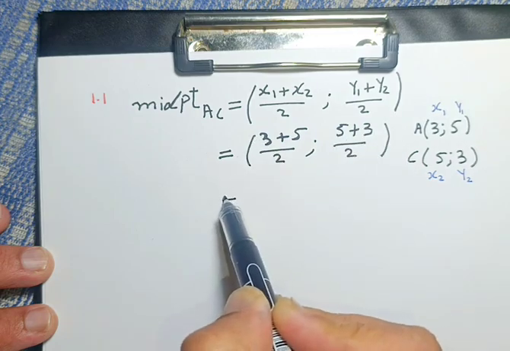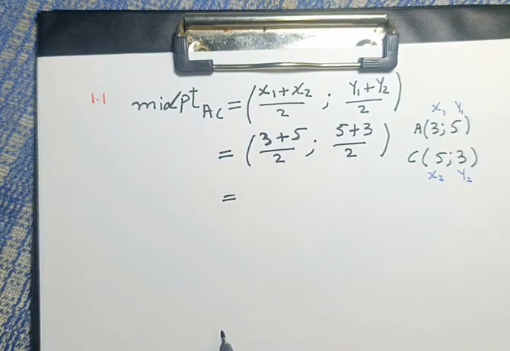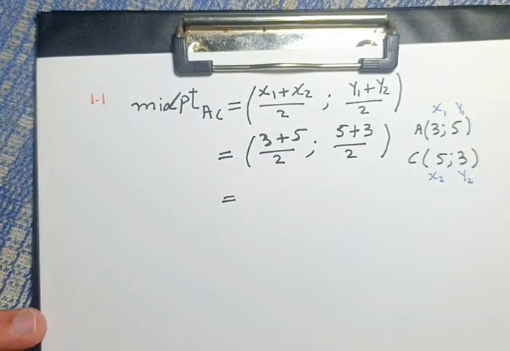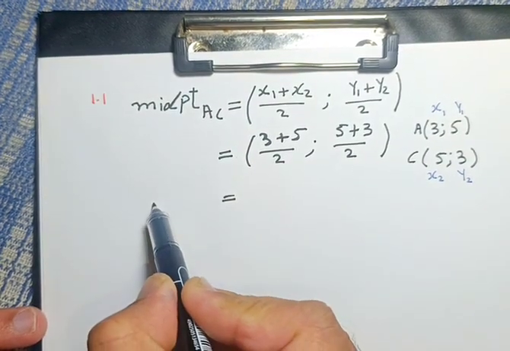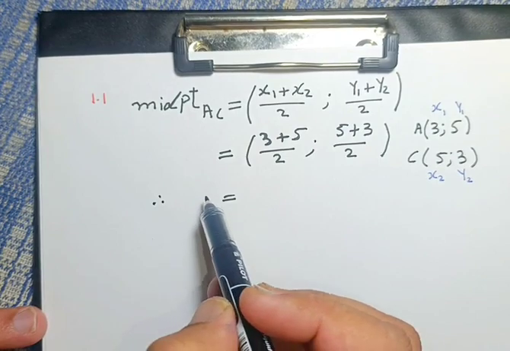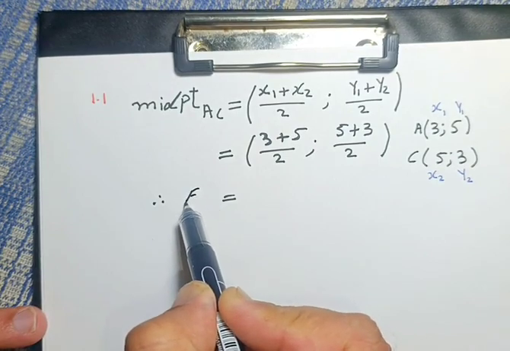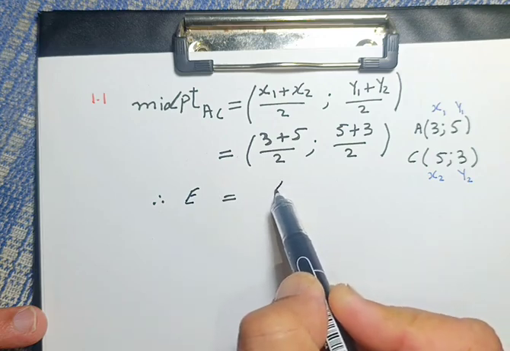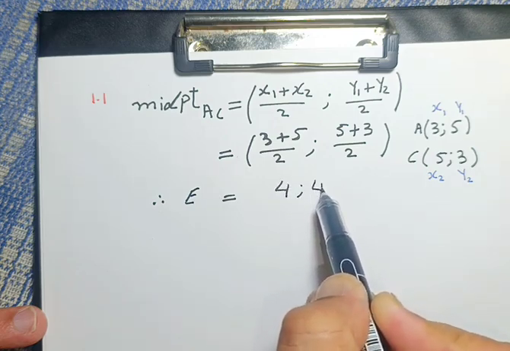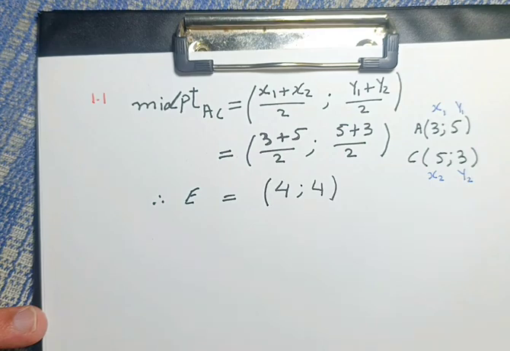Now I'm going to simplify with the calculator. After using the calculator, the coordinates of E are 4 and 4, because E is the midpoint of AC.